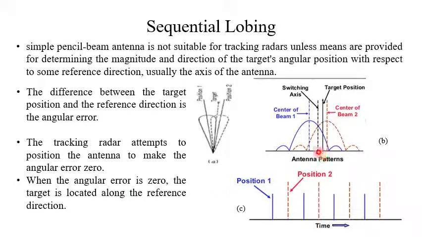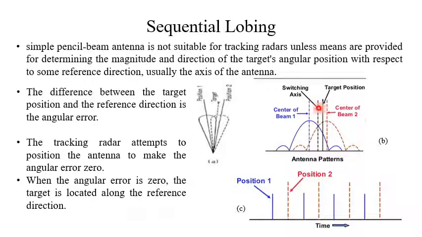So, if we consider sequential lobing, this is the center of beam 1 and this is the center of beam 2. So the switching axis is this. This is the direction actually. Now we are assuming the target position is here. So let us see how it will work when the target position and the switching axis have a certain angle between them.